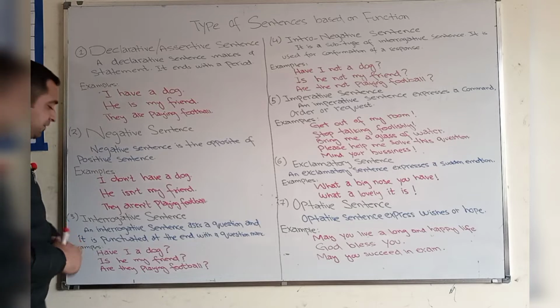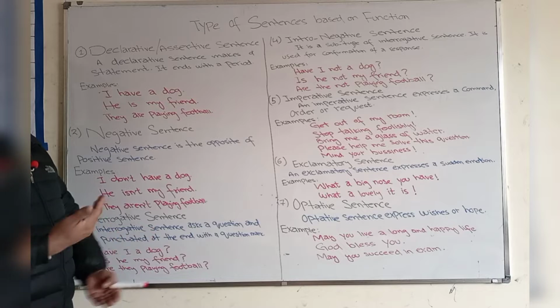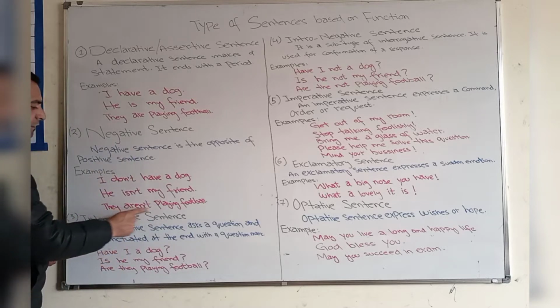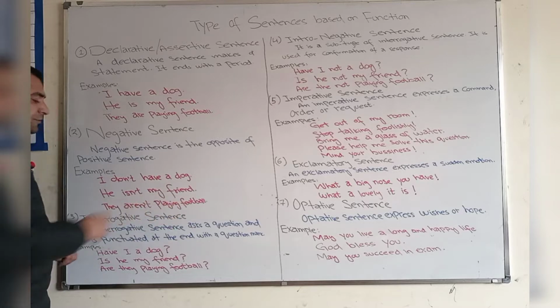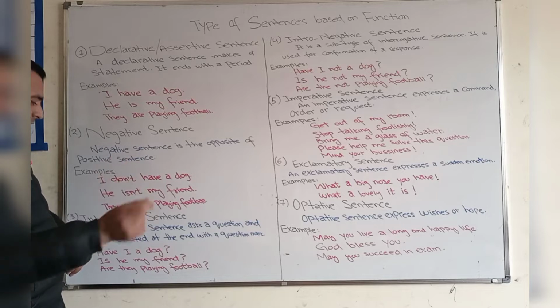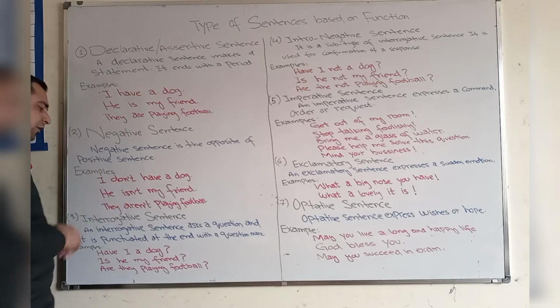He isn't my friend. And then they are playing football is a positive sentence. Let me convert it into a negative sentence. They aren't playing football. Now, this aren't is are not, and this is the contracted form. Is not is isn't, and do not is don't.